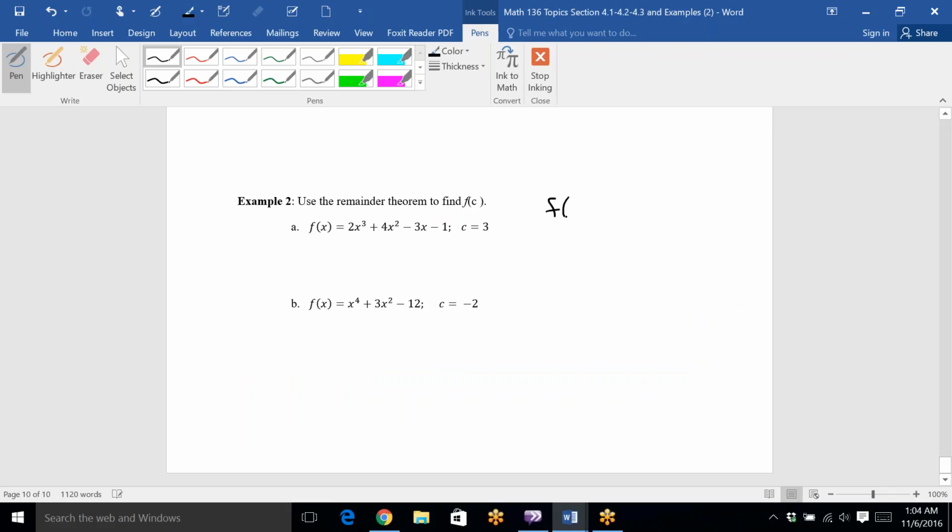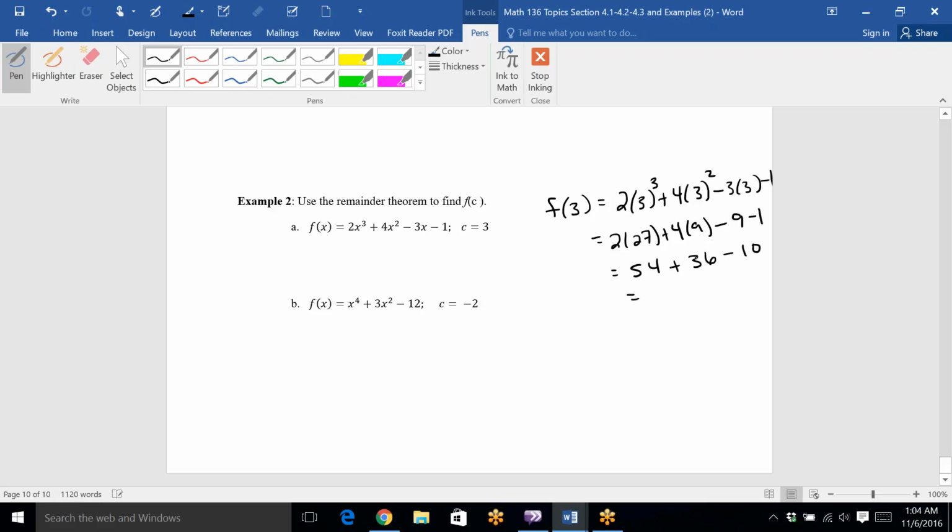So f of 3 would be 2 times 3 cubed plus 4 times 3 squared minus 3 times 3 minus 1. So we need to cube and square first. This would be 2 times 27 plus 4 times 9 minus 9 minus 1. 2 times 27 is 54 plus 36 minus 10.